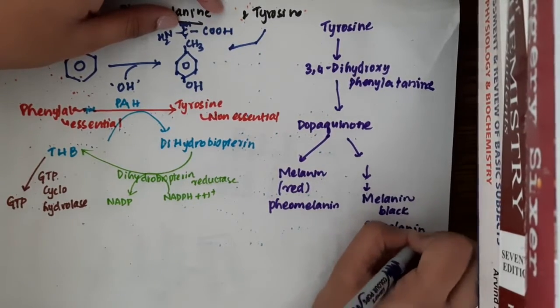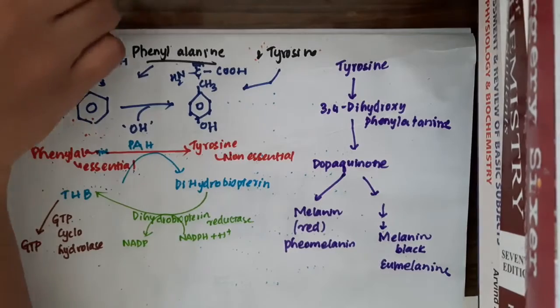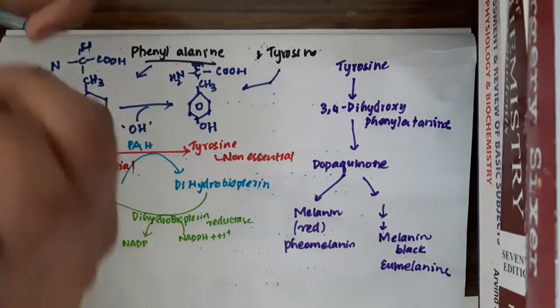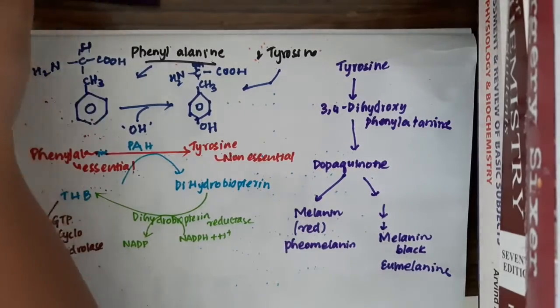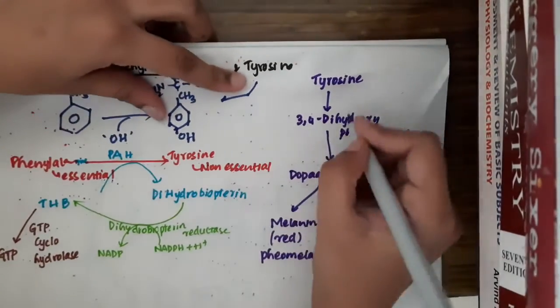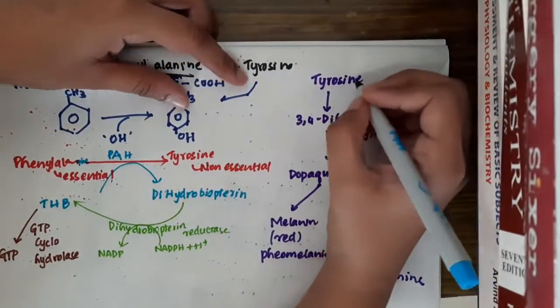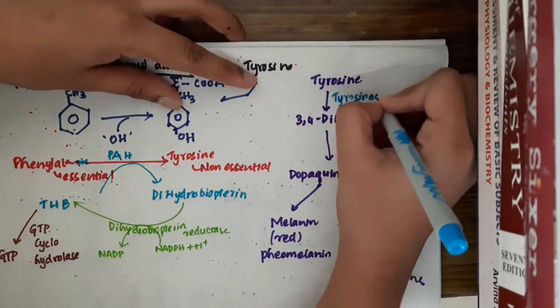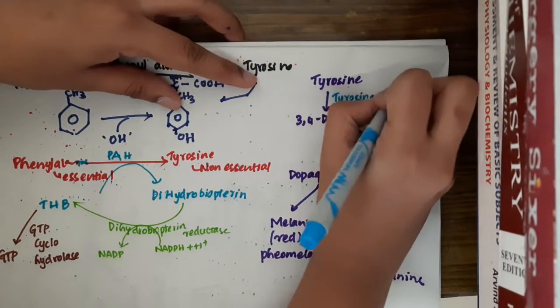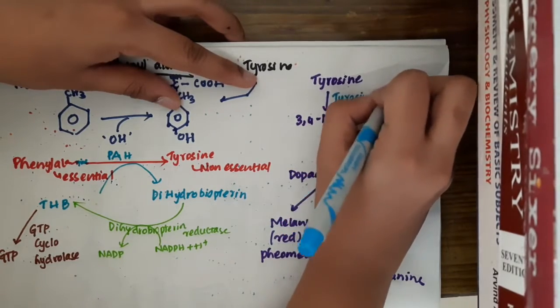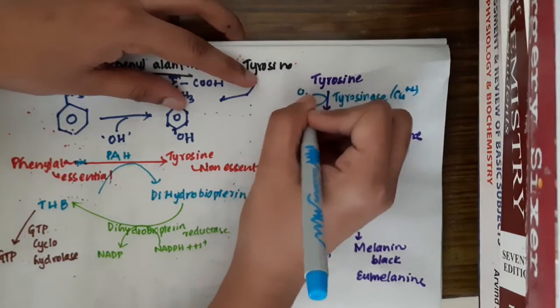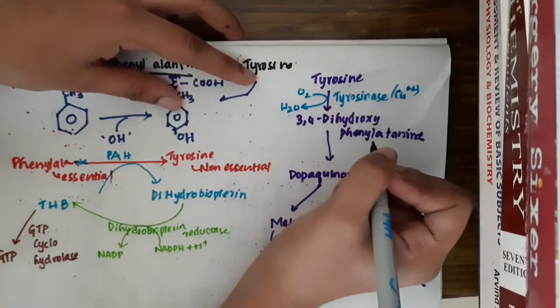Right? So, if you see, tyrosine gets converted to 3,4-dihydroxyphenylalanine in the presence of the enzyme tyrosinase, which is dependent on the cofactor copper. And during this process, oxygen gets converted to water.